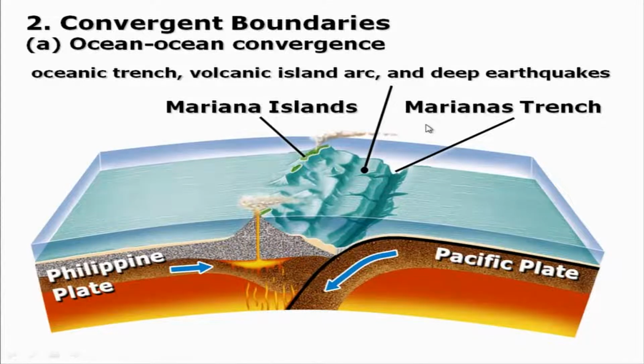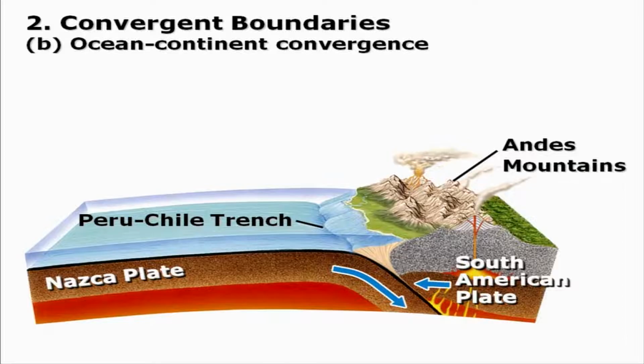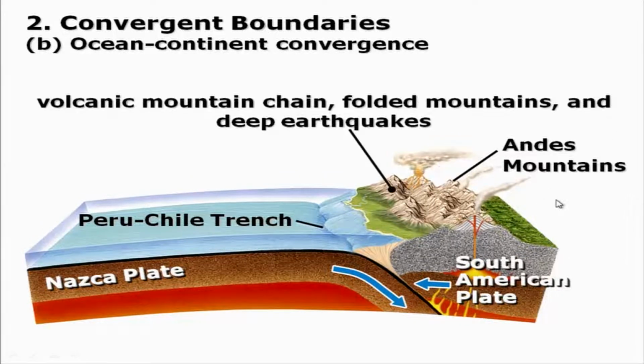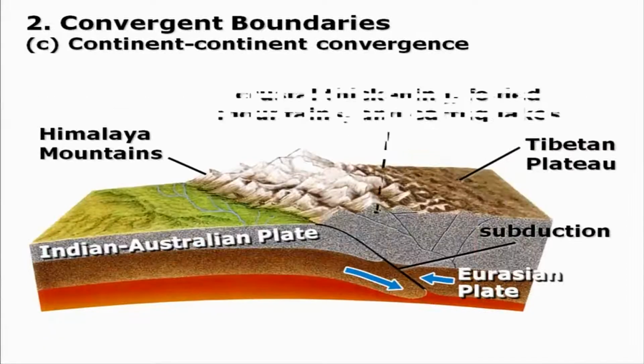So, this is the deepest trench on earth. Then another convergent plate boundary is where the oceanic plate subducts below the continental plate. The example is the volcanic eruption on the South American plate side and the formation of the Andes mountains. So, a volcanic mountain chain, folded mountains, and deep as well as shallow earthquakes will be experienced in this region.